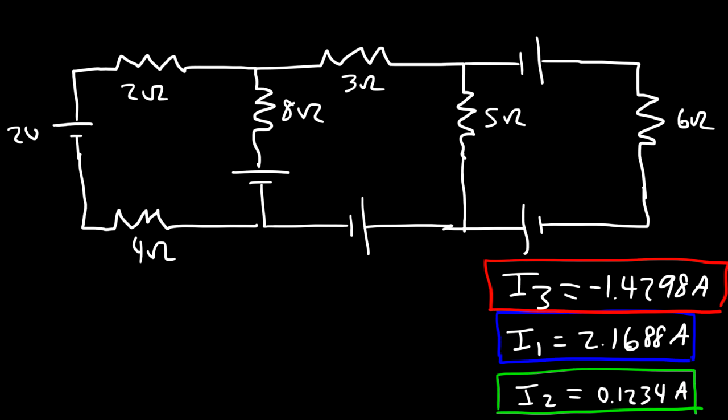And this was a 20-volt battery. Here we had a 6-volt battery, and this is an 8-volt battery, and that's a 12-volt battery, and then over here we have a 16-volt battery.